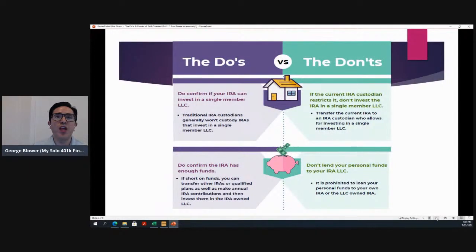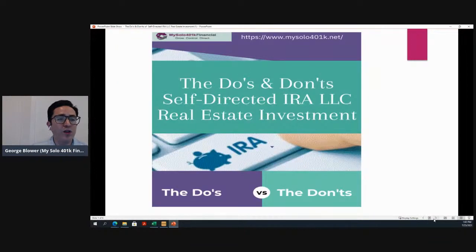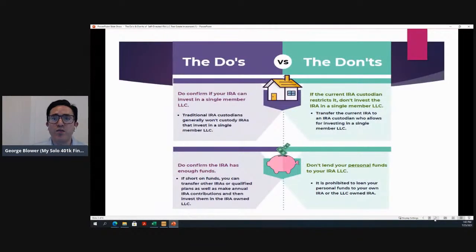So just to set the stage, we're going to be focused today again on self-directed IRA LLC real estate investments. The scenario is someone has an IRA that's invested in a single member LLC, or it could be multi-member, but they have their IRA funds invested in an LLC.